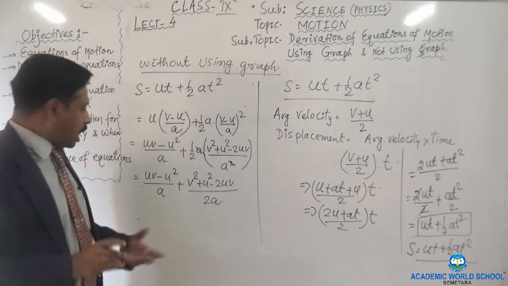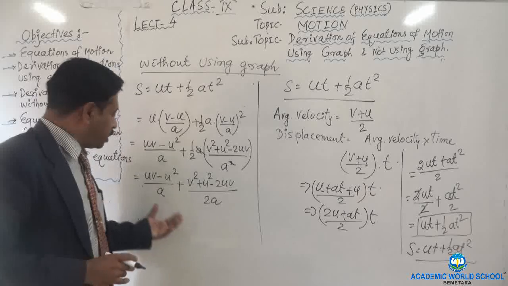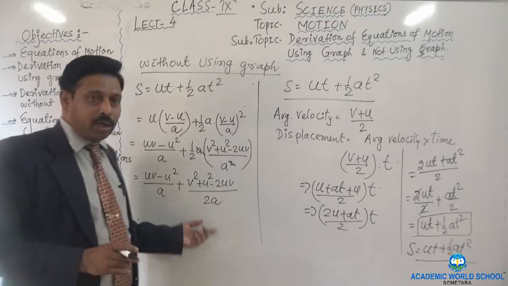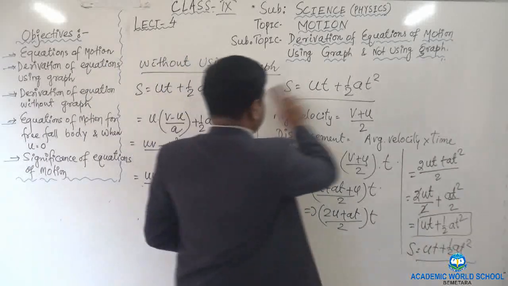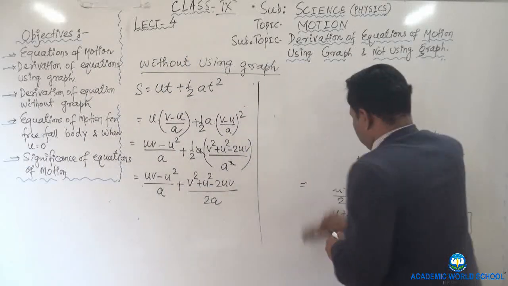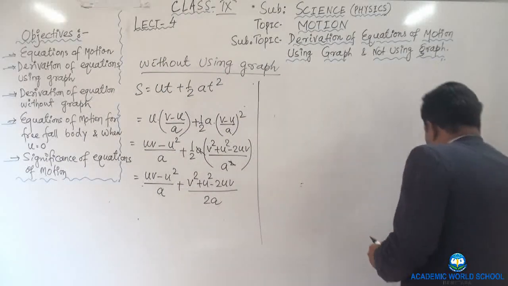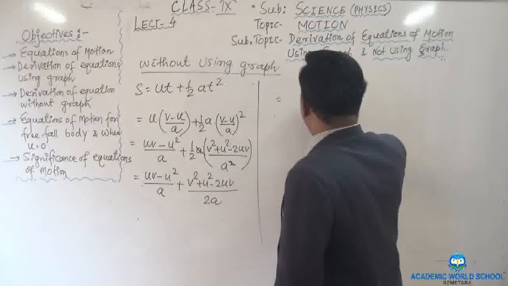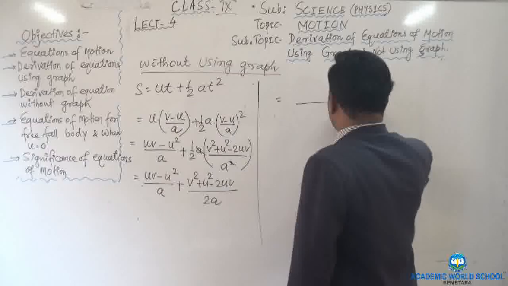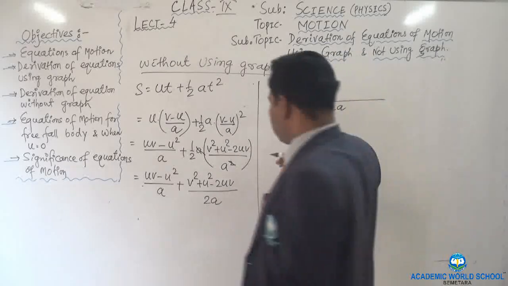Okay? So now we have to add it. Here the denominators are a and 2a. What should be the LCM? 2a. So I have to add it. Let me do it and see what comes. Now the LCM will be 2a.